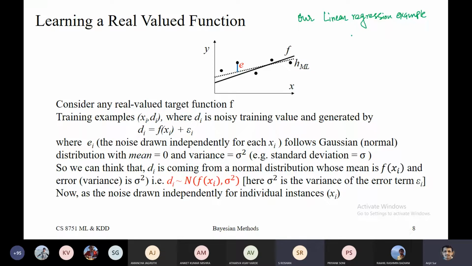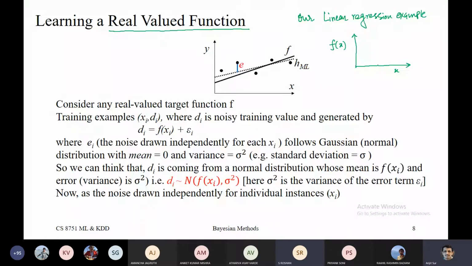Here we say we are learning a real valued function. It is a real valued function because in linear regression, this is x and this is f of x, and f of x is real valued. So when it is regression, this y-axis or f of x is the real value.